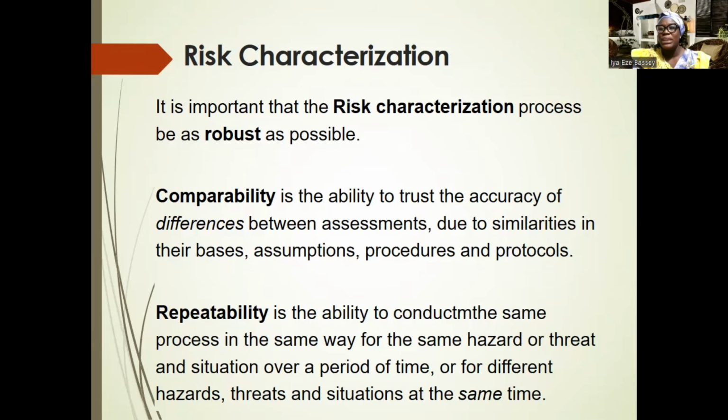Not when you do it the first time, you get this result, you do it the second time for the same thing, you get another result, you do it the third time, you get another result. You should be able to, over time, if it's for that same hazard or threat or situation, get the same results.